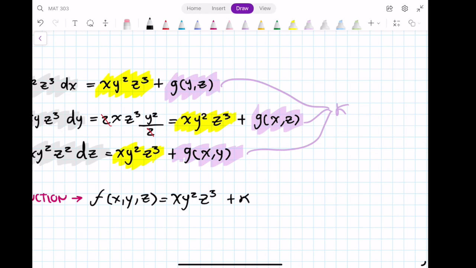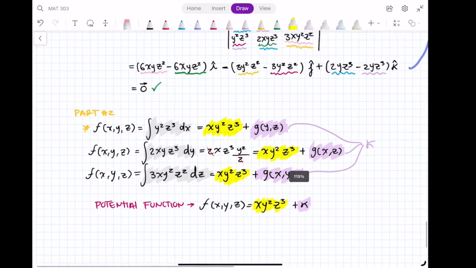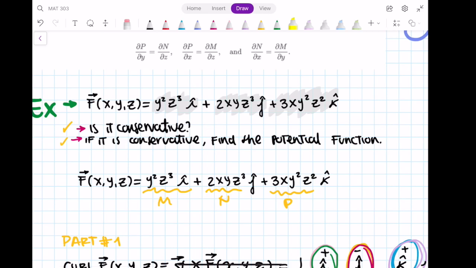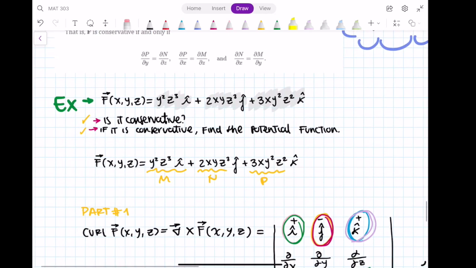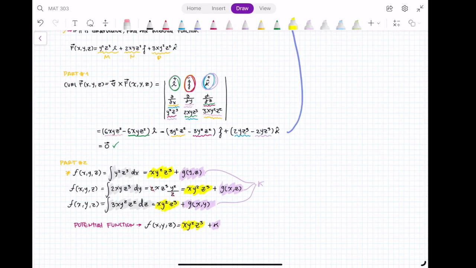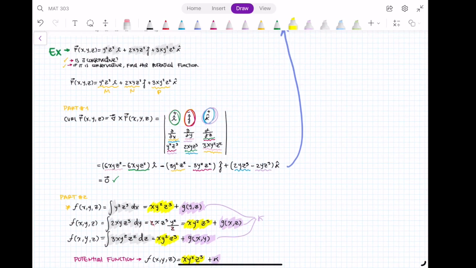Because it's our constant. So what else? Here we got the conservative and potential function. And now here we finish our vector field lecture. Thank you so much.